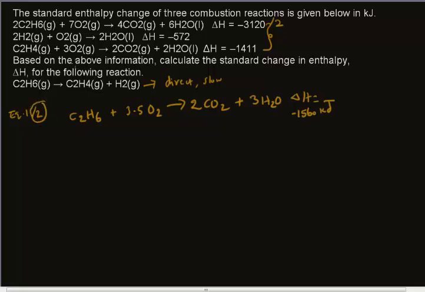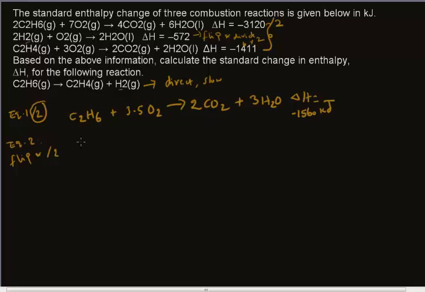Let's take a look at the second equation. In the second equation we have hydrogen H2 on the left, and here we have hydrogen on the right. We have to make sure this hydrogen and that hydrogen are on the same side, and also the coefficients should be the same. The coefficient here is 1 and that's 2, so we divide by 2. To get the hydrogen on the same side, we flip the second equation, so that the hydrogen comes to the right hand side, and we also divide by 2. So for the second equation, we flip and divide by 2.